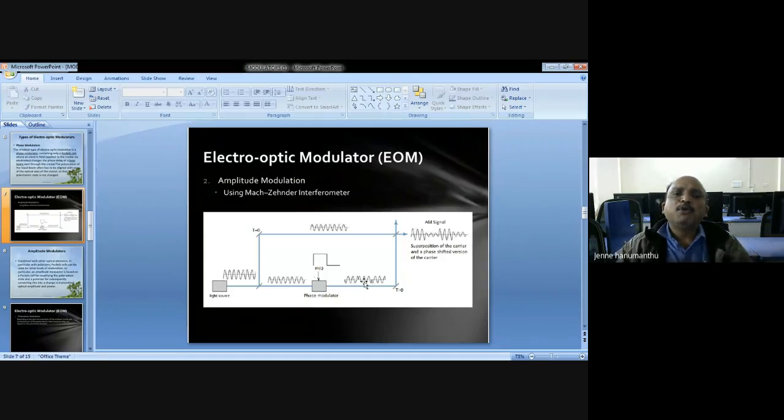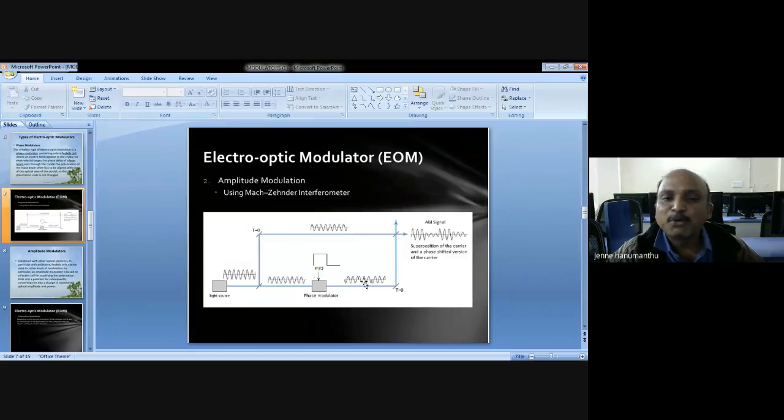So what do you mean by amplitude modulation? AM is nothing but the amplitude of the carrier signal being varied by the amplitude of the modulating signal. The amplitude of the modulated signal is varied with the available carrier signal.